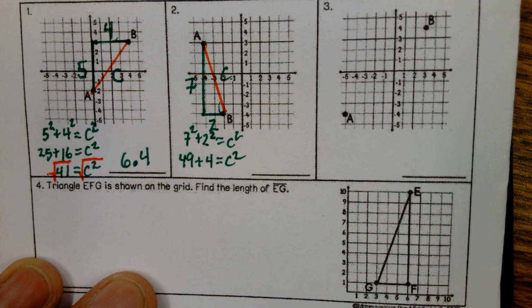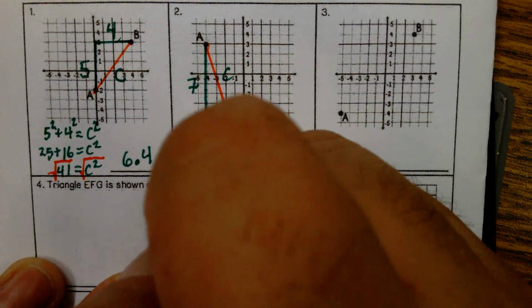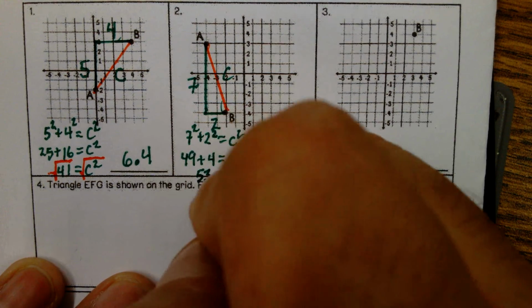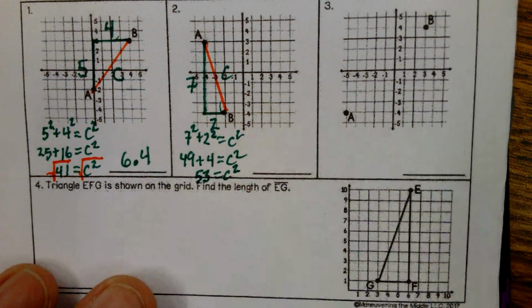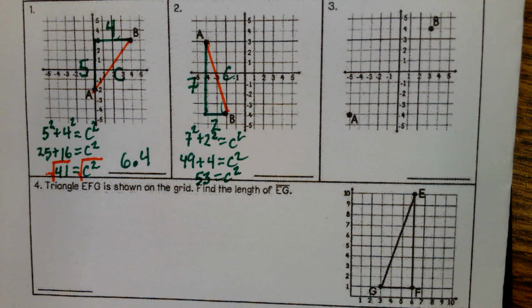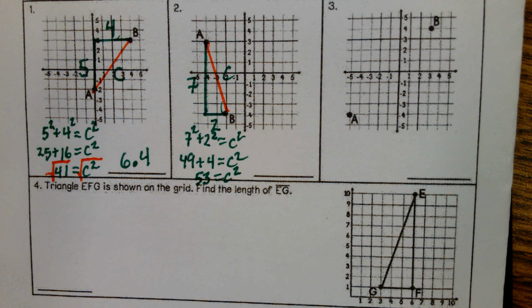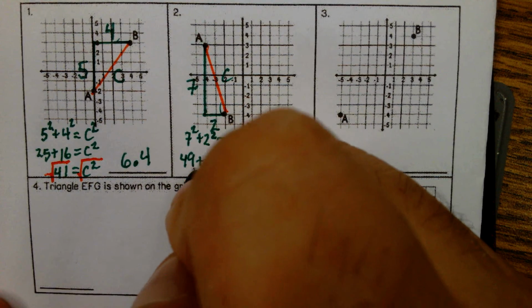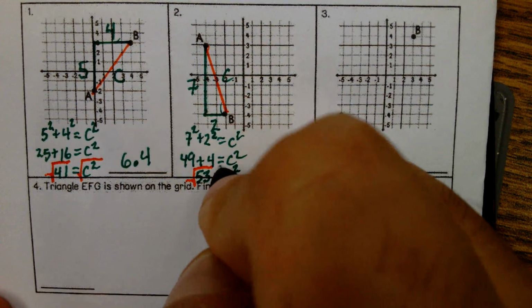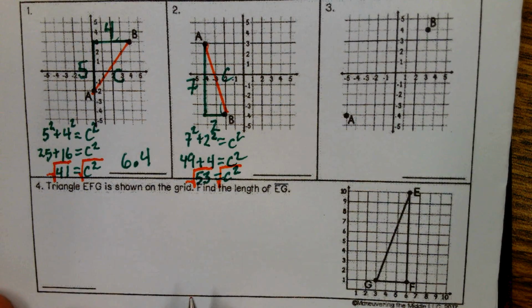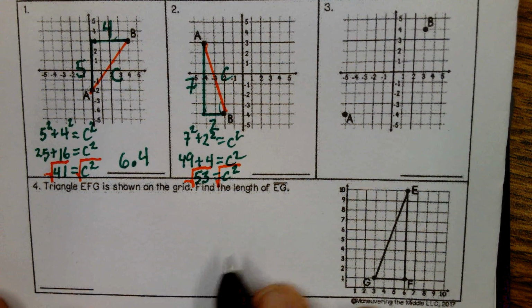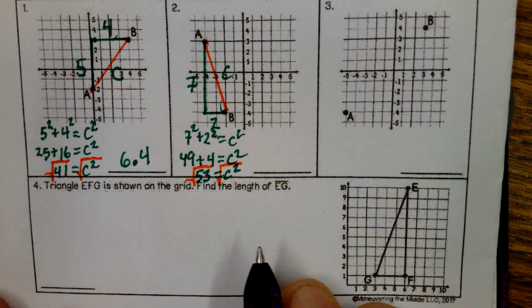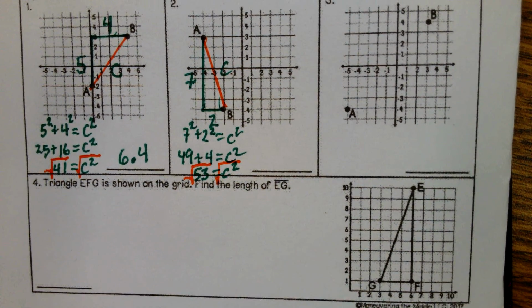And 49 and 4 is 53. So now I do have a calculator, and we all have Chromebooks and phones that have square root features, so that's never an issue, but we could just guesstimate. Square root of 49 is 7, right? This is a little more, so this should be 7 point something there. 7.2, 7.3. Let's find out.